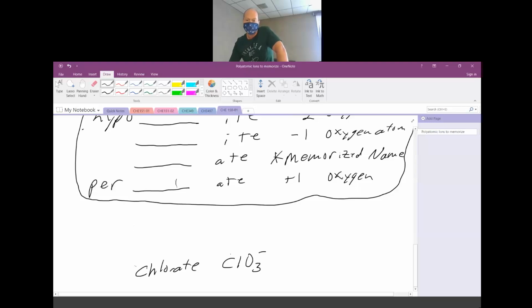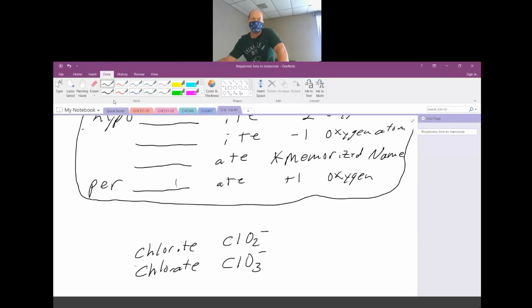That's chlorate, ClO3 minus. So if I go up one, I have chlorite. All right, so I just moved up to the chlorite, and this says minus 1 oxygen atom. So what that means is I remove an oxygen atom. I don't do anything else. Charge is the same. So this is ClO2 minus. So that now you know is chlorite.